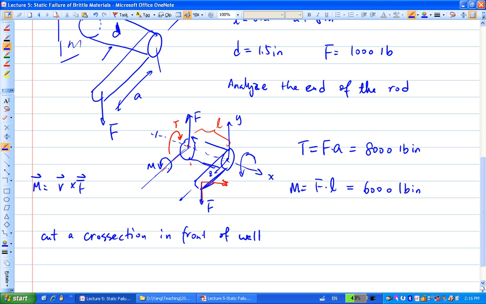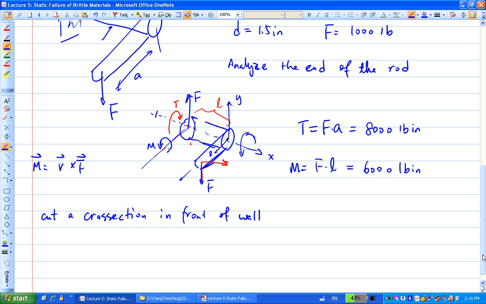Now when you cut a cross section in front of the wall, I have a different way of looking at the cross section. I'm going to look at the cross section from the positive axis point of view. So I'm going to look at the cross section from this direction here.